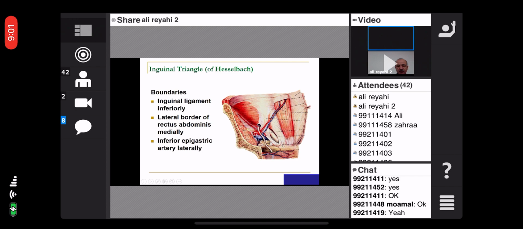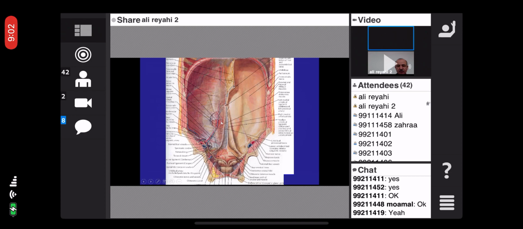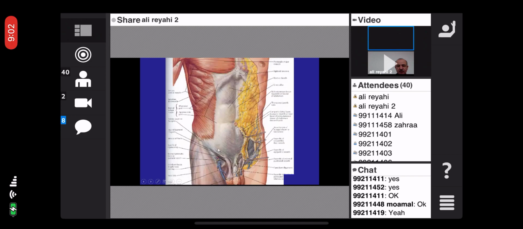That means this triangle is part of the canal, and some hernia can form in this triangle. You can see in this picture.